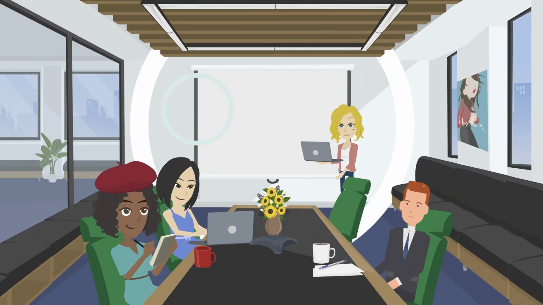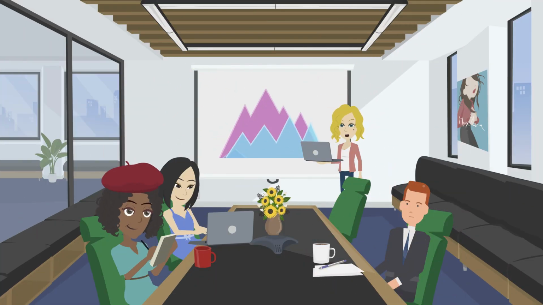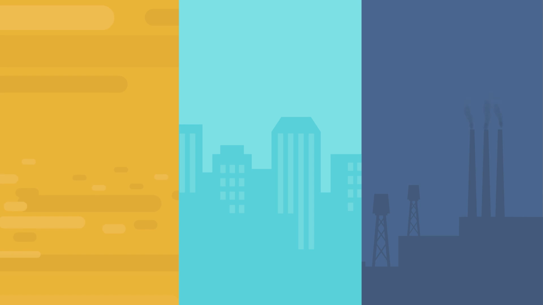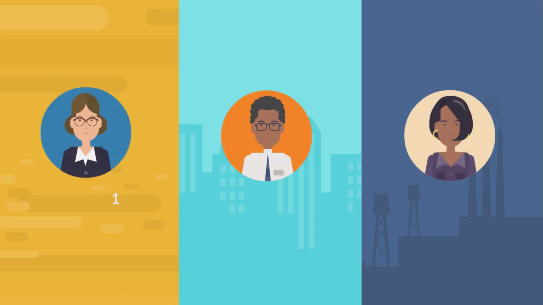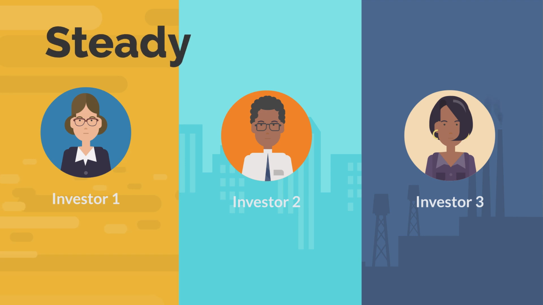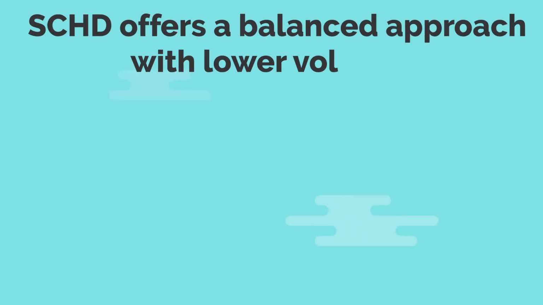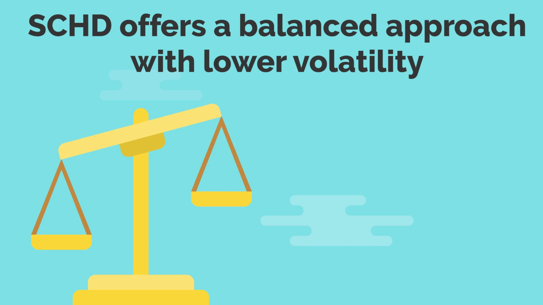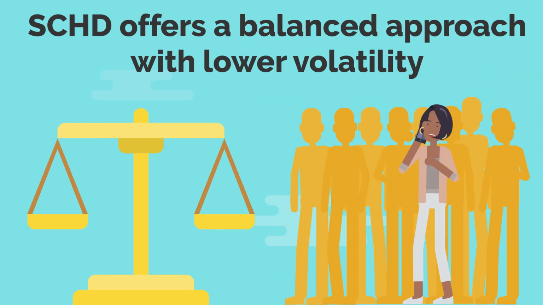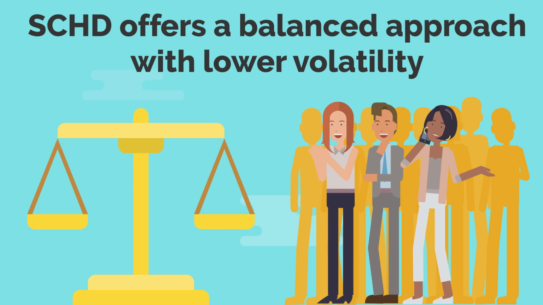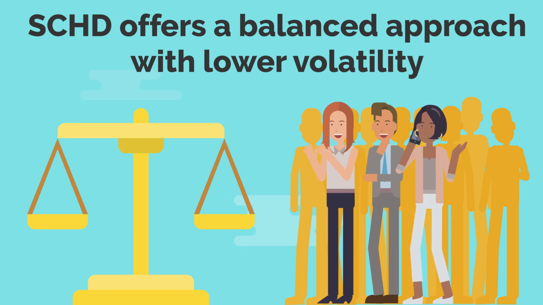This consistent growth reflects the stability and reliability of the companies included in SCHD's portfolio. Investors in SCHD can expect steady, moderate growth, which aligns well with the fund's focus on high dividend-paying companies. While it may not boast explosive gains, SCHD offers a balanced approach with lower volatility, making it a suitable choice for conservative investors looking for dependable growth.